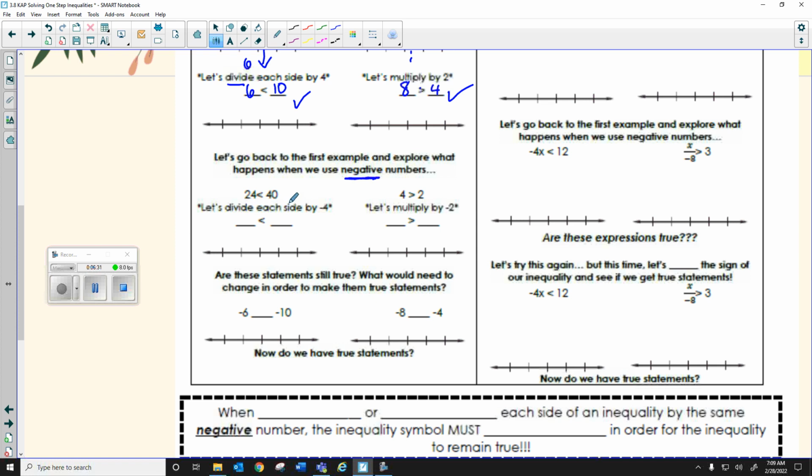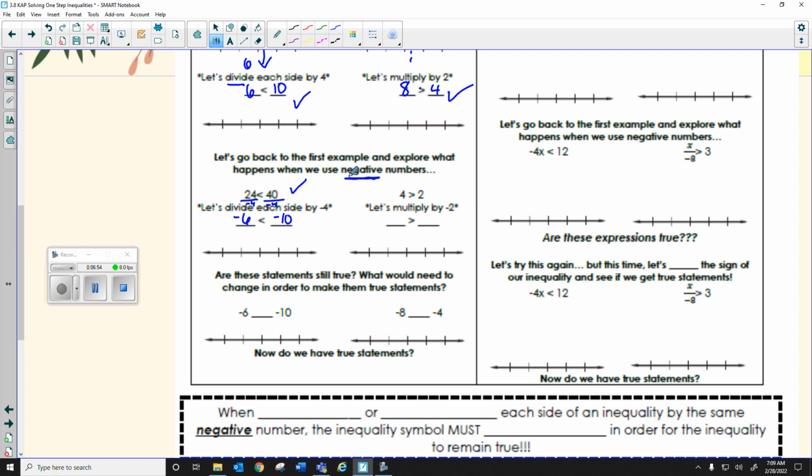So we're going to divide each side by negative 4. 24 divided by negative 4, signs are different, negative wins it, and that's going to be negative 6. 40 divided by negative 4, signs are different, negative 10 wins it.